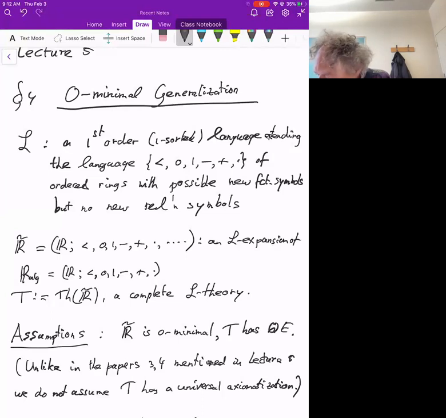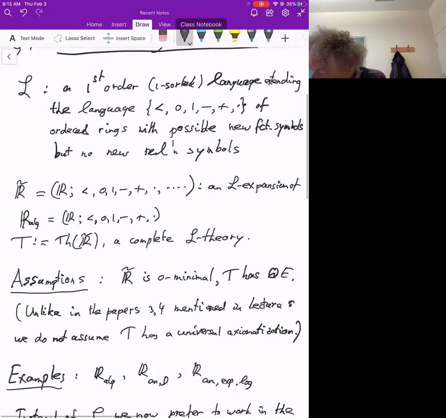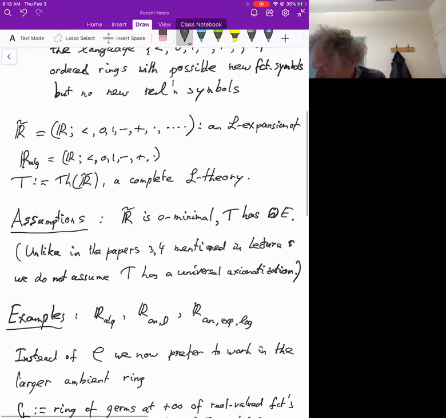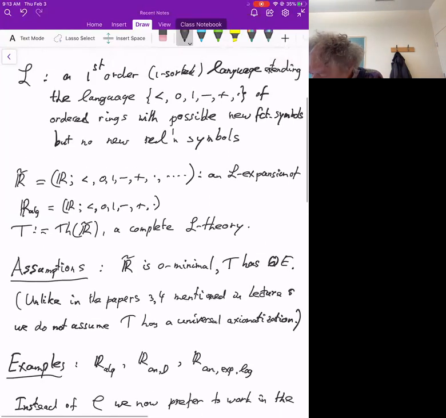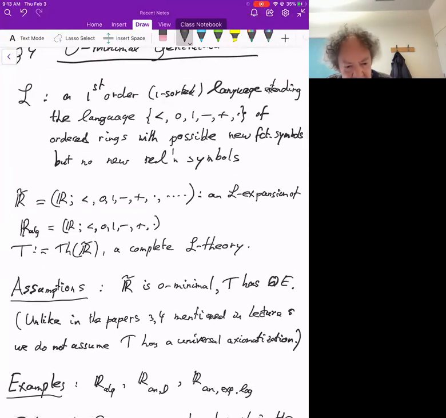So what I'm doing is actually cleaning up some material from papers 3 and 4 that I mentioned last time, where actually T is assumed to have, in addition, a universal axiomatization. But it turns out that that's not really needed. And I think it gives a more elegant development than what is in those papers in certain parts of it. So, of course, there are some standard examples. R itself falls under these assumptions, where T is simply the theory of real closed fields.